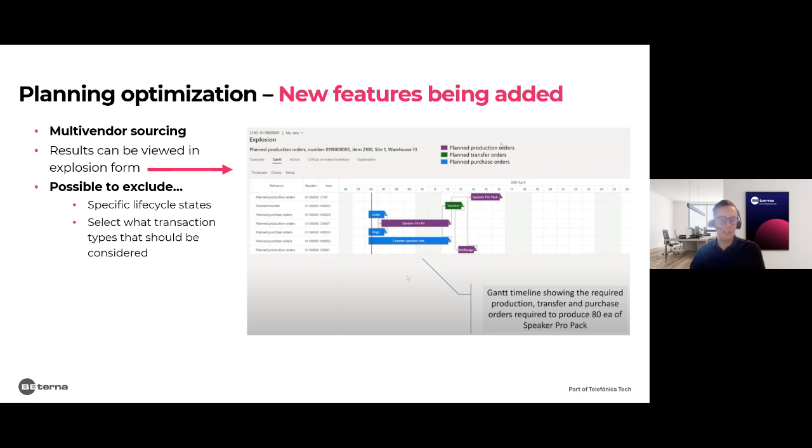Features like viewing demands in explosion form are a big help for producing companies, and multi-vendor sourcing can help you if you have a complicated supply chain. So if you are unsure that you are able to take the step, please let us know, and we can help you along the way with an initial check.